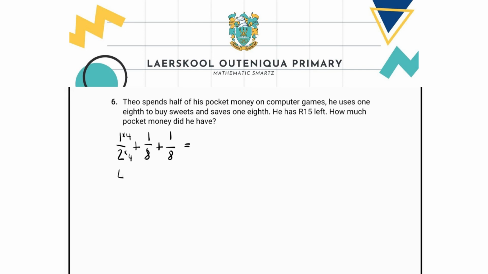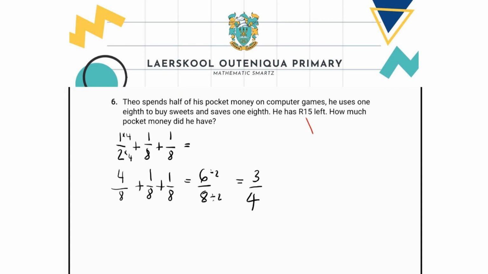Therefore, my fraction would read as follows: 4/8 plus 1/8 plus 1/8, which will give me a total of 6/8. I can simplify this fraction by dividing both the numerator and denominator by 2, which would give me 3/4. So I know that Theo has already spent 3/4 of his pocket money.